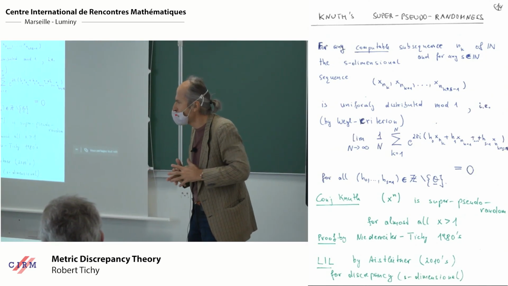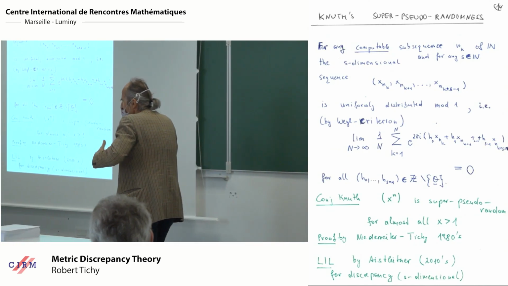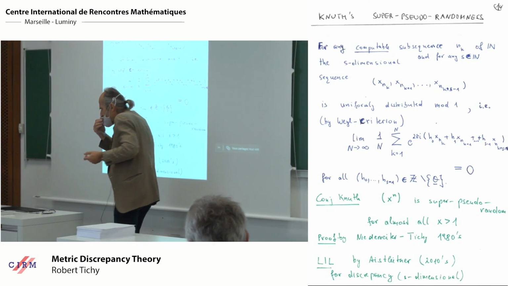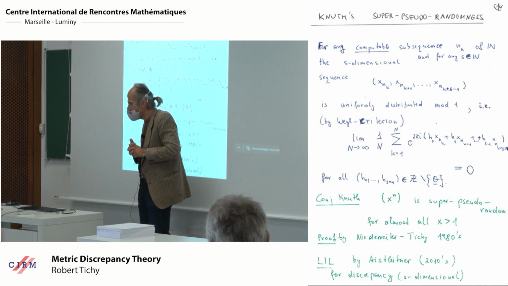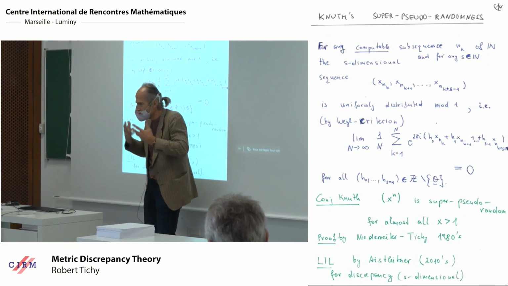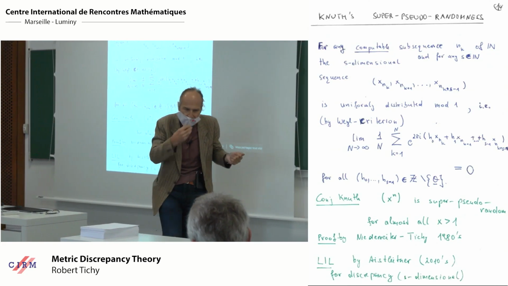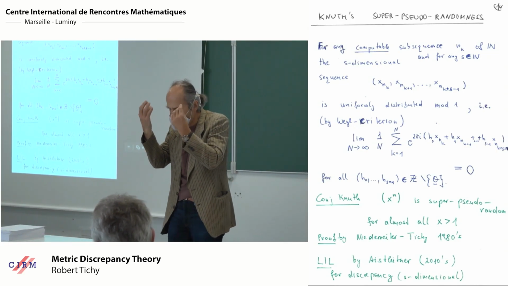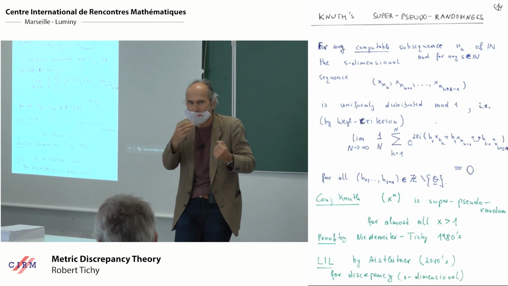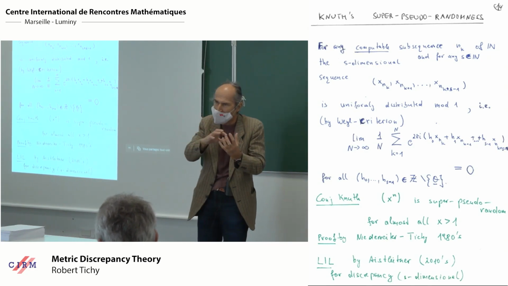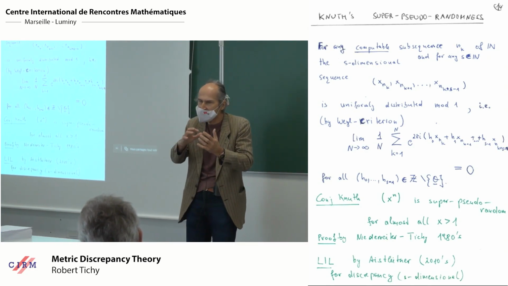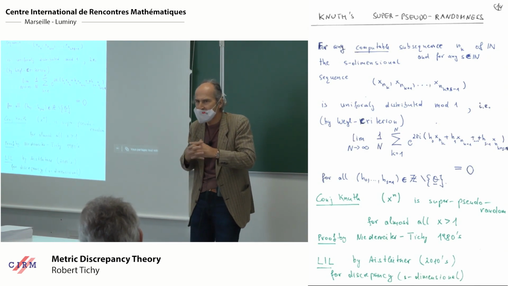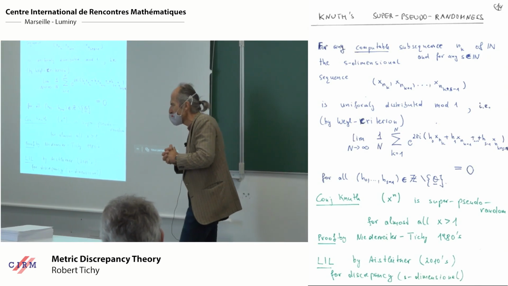I tried to apply various techniques from Diophantine number theory, but the philosophy was a non-algorithmic philosophy. So to get understanding of random properties: how far are these deterministic sequences away from being truly random?